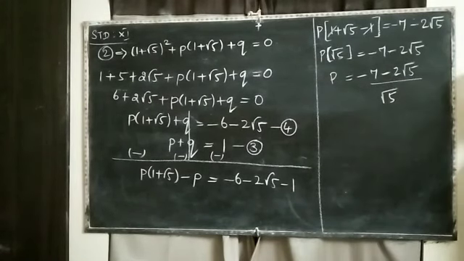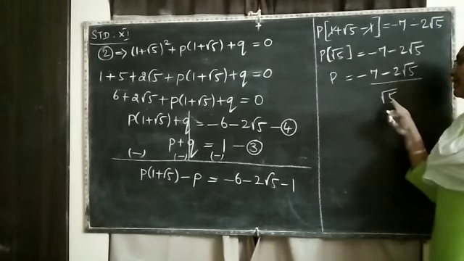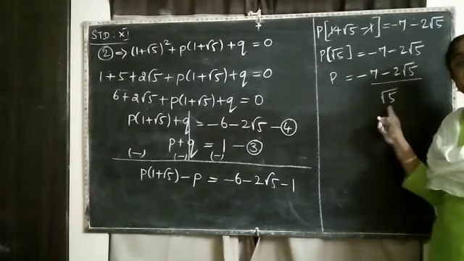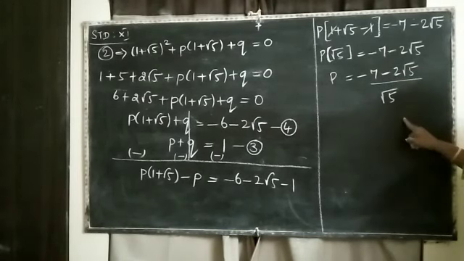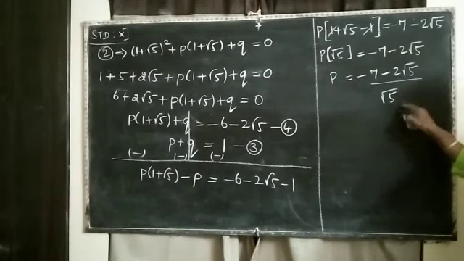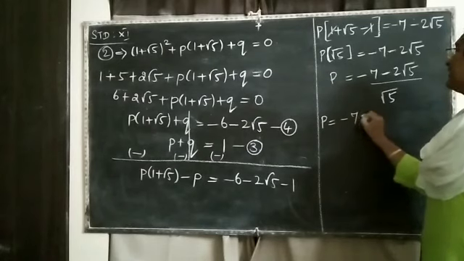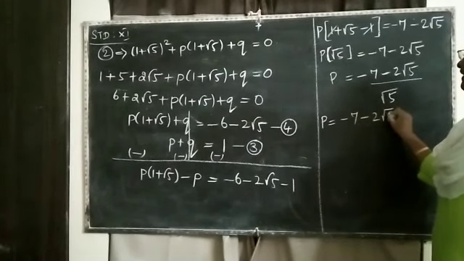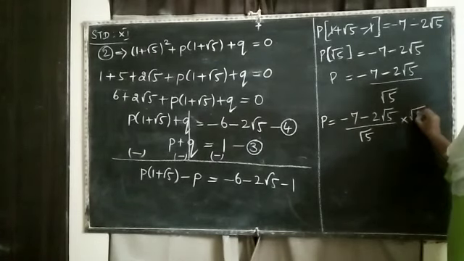You can leave the answer as it is, but we never stop with this expression, because if the denominator holds a surd like root 5, root 3 or root 2, then in order to simplify, we multiply and divide by the same surd. So the same thing we are going to repeat here also. Minus 7 minus 2 root 5 divided by root 5: I am going to multiply and divide by root 5.